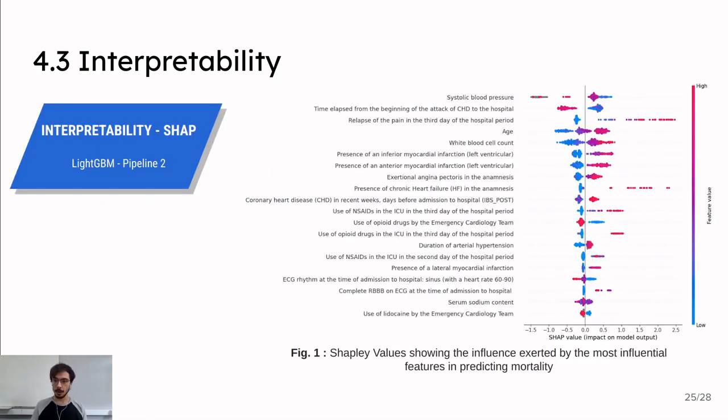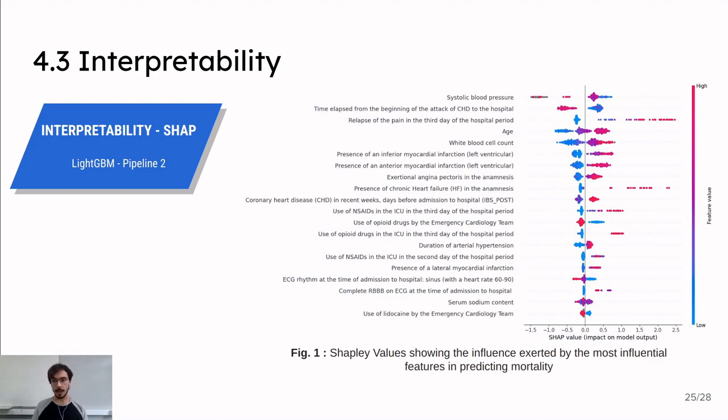In Figure 1, Shapley values are depicted for each feature, illustrating their impact on predicted outcomes. The beeswarm plot arranges features by relevance, highlighting systolic blood pressure, time to hospital admission, and pain relapse on the third day as most influential.